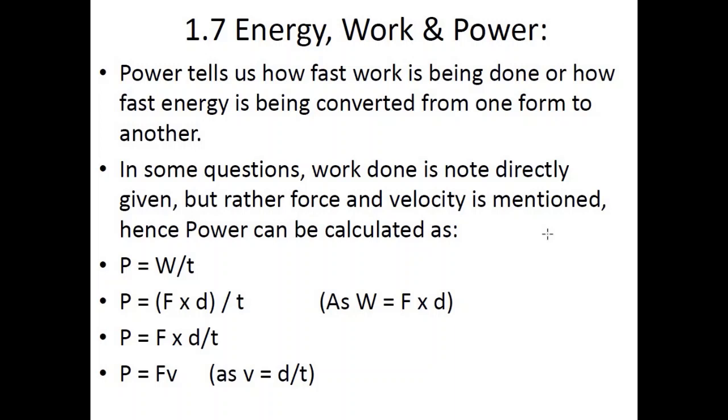Remember the formula: P equals W upon T, whereas work done can also be calculated as force times distance. So we plug that in place of W, and we get P equals force times distance upon time. Now distance upon time is speed or velocity, so we can also say that power is equal to force times velocity, or force times speed.